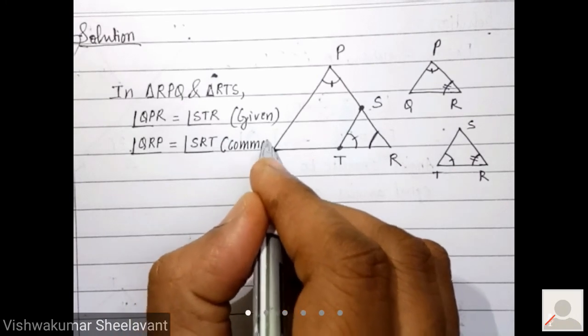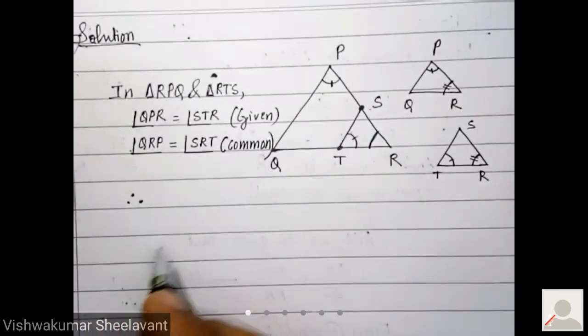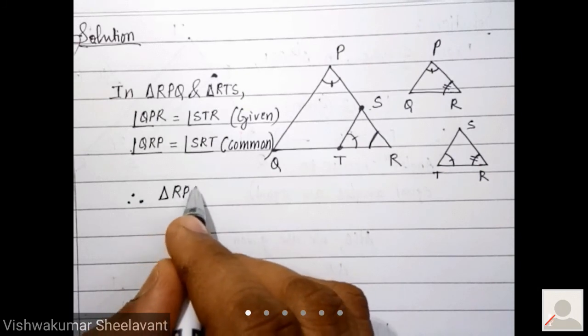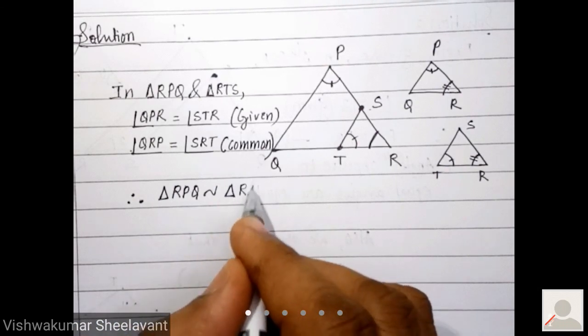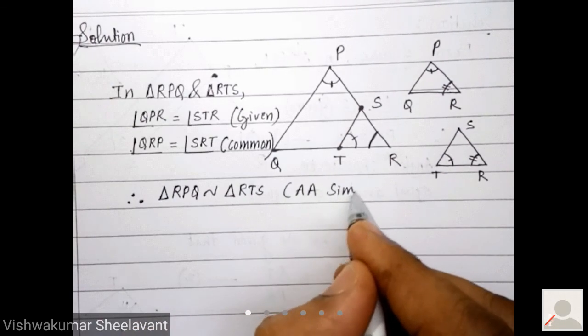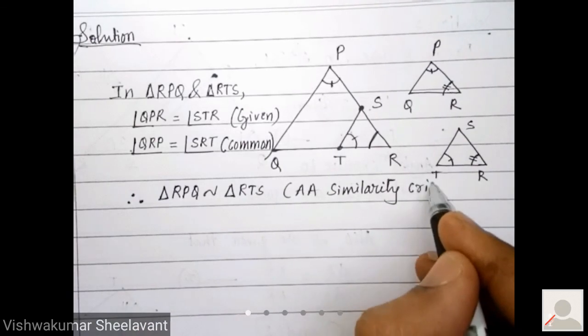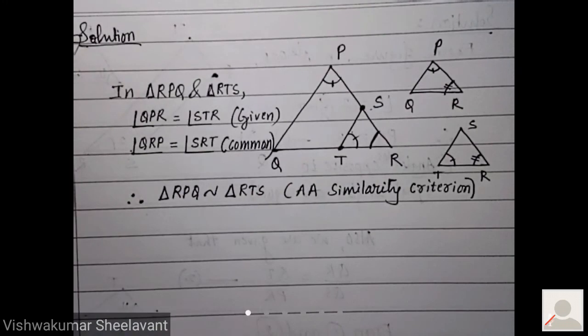Reason is common. It's a common angle. Therefore, triangle RPQ is similar to triangle RTS by AA similarity criterion.